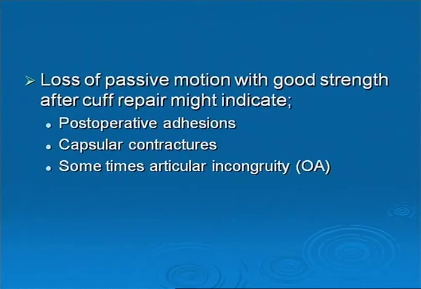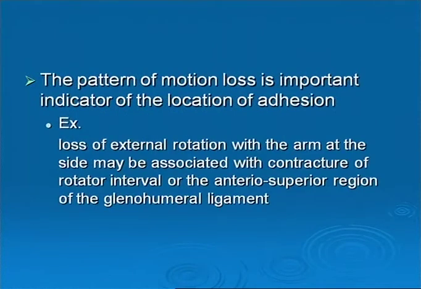But loss of passive motion and good strength after cuff repair might indicate postoperative adhesions, capsular contractures, and sometimes incongruency of the articular surface. That's why the pattern of motion loss is an important indicator of the location of the adhesion.